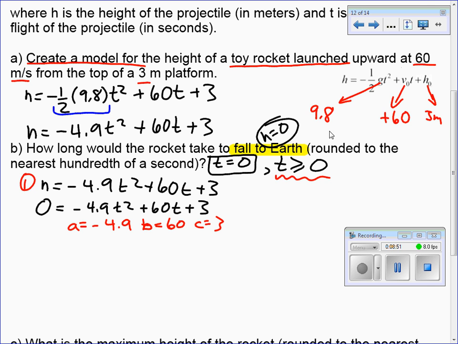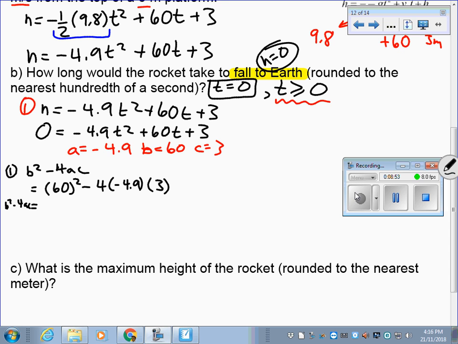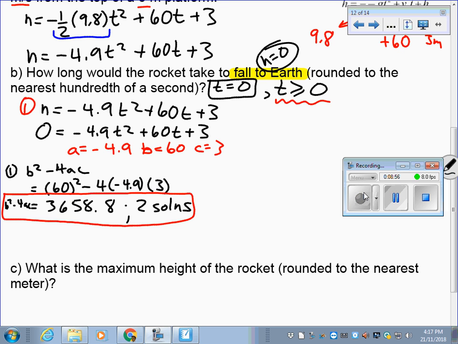So now we have b squared minus 4ac is going to equal 3,658.8, and that means b squared minus 4ac is greater than 0, so it means we have two solutions available to us. In these instances, a lot of the time you're going to have one inadmissible, erroneous or impossible solution, because we can't have time less than 0.